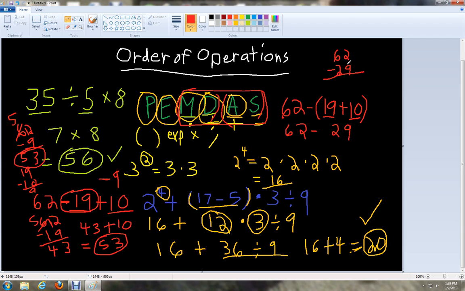9 can't go from 2, so you have to borrow from 6 and make it a 5, and that becomes a 12. And 12 minus 9 is 3, and 5 minus 2 is 3. So you end up getting 33 for that answer, which is not equal to 53, what we have down here.